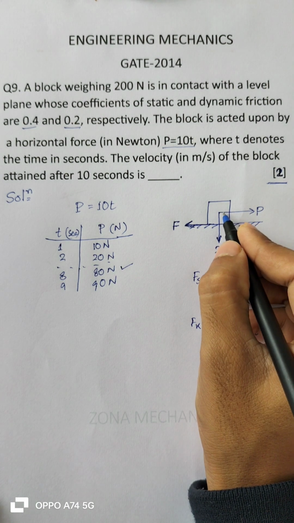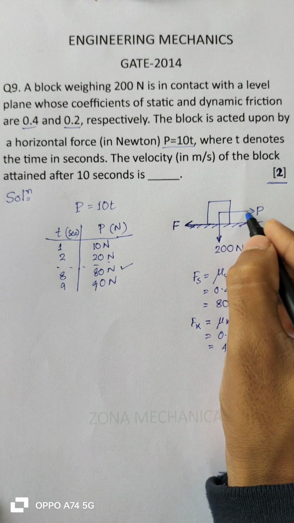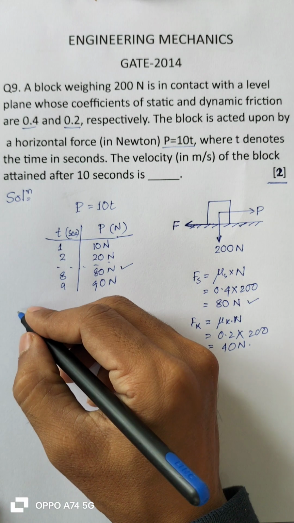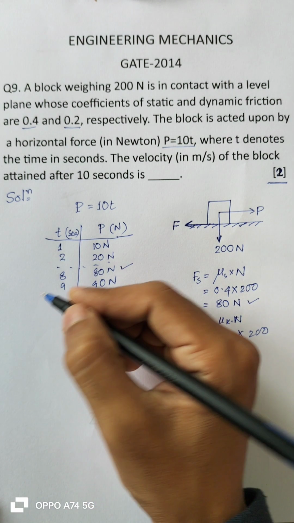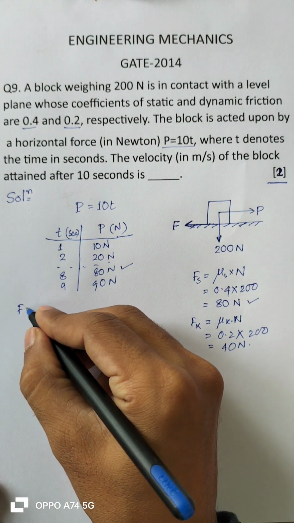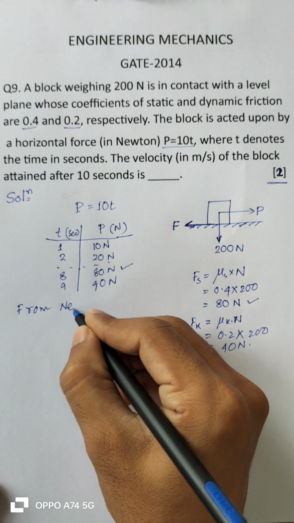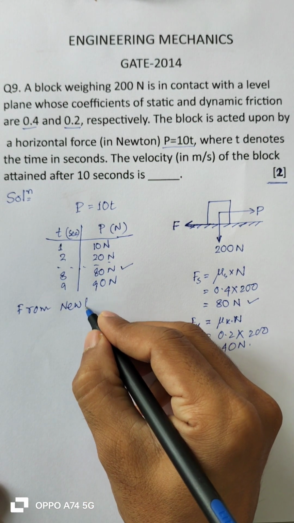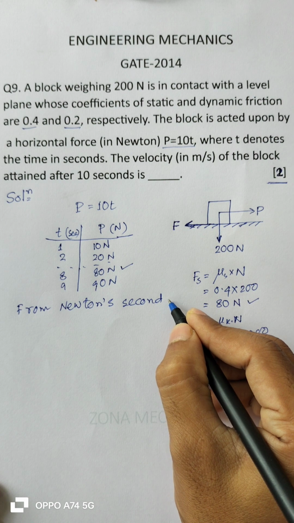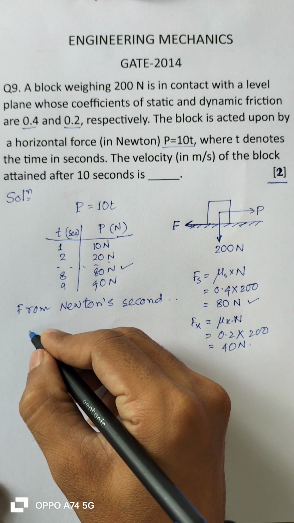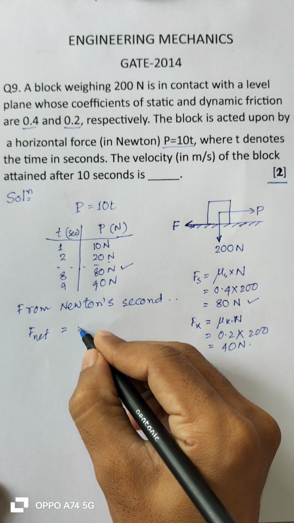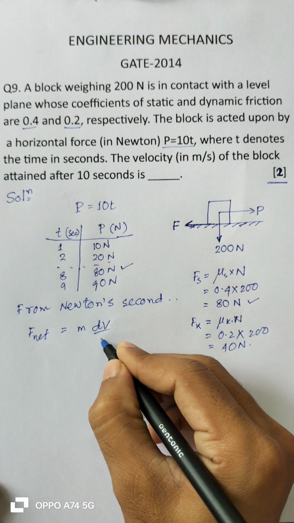We have to calculate the velocity after 10 seconds. So what will be the net force acting on the block? P is acting in this direction and F is acting in the opposite direction. So the net force F net will be P minus F. From Newton's second law of motion, we can write that F net is equal to m into dv/dt.